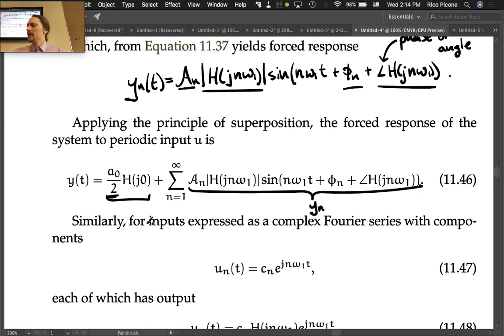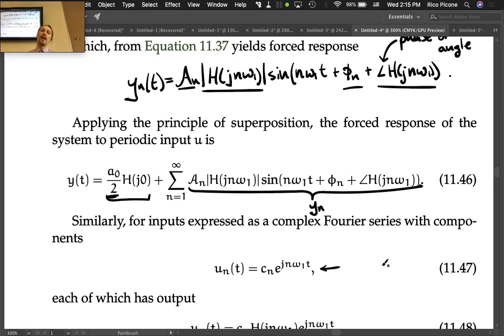We also have a Fourier series representation in this complex exponential form, right? Like equation 11.47, and we tend to introduce the sinusoidal or trigonometric form first because it's very obviously sinusoids, right?